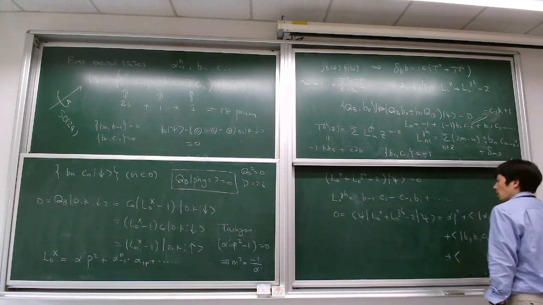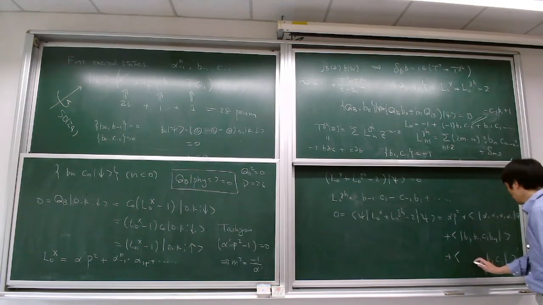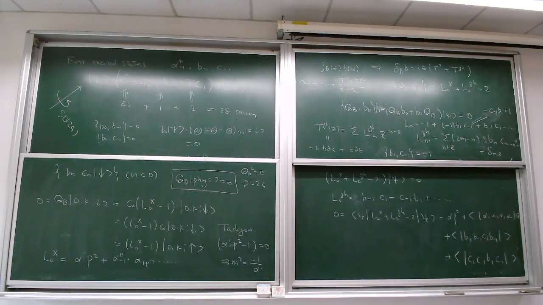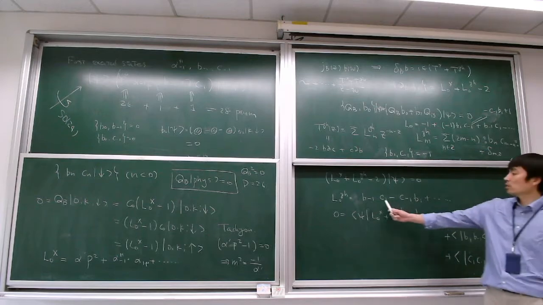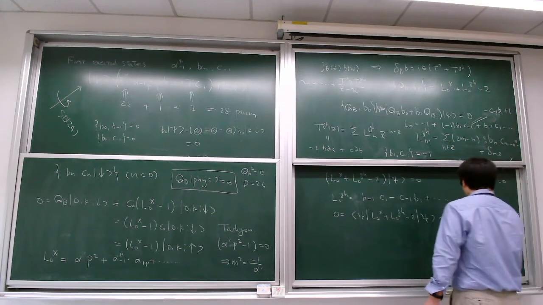So b1, c minus 1, and then c1. I think we need to be careful with both. Even here, when you sandwich here, we need to plug this one and also this one. So b1 and b minus 1 should anti-commute. So therefore, oh sorry, maybe I should be careful about here, even here.